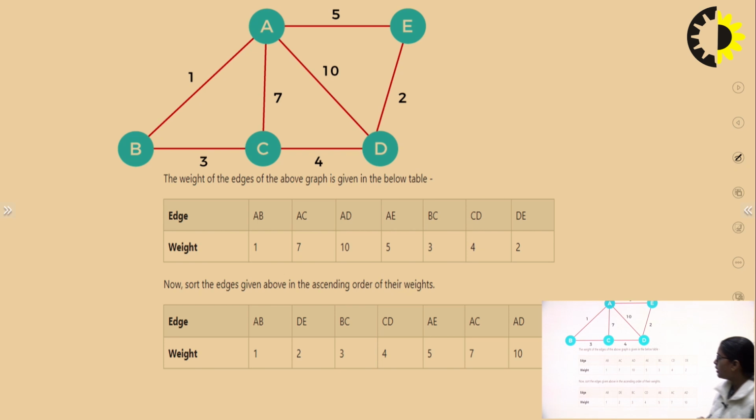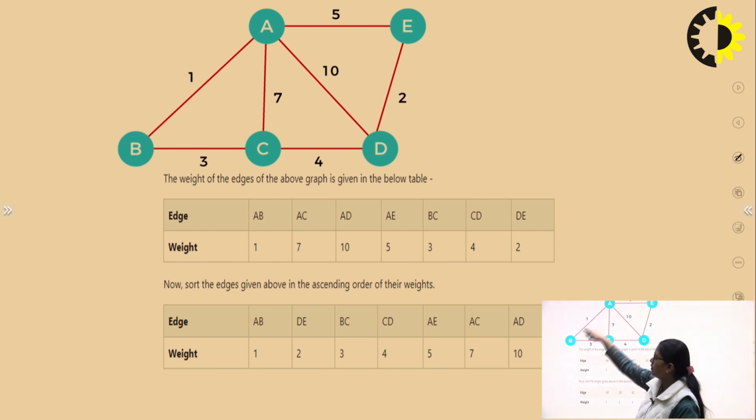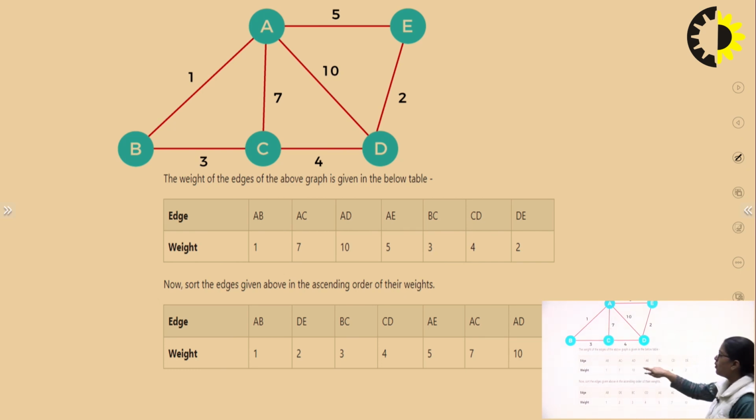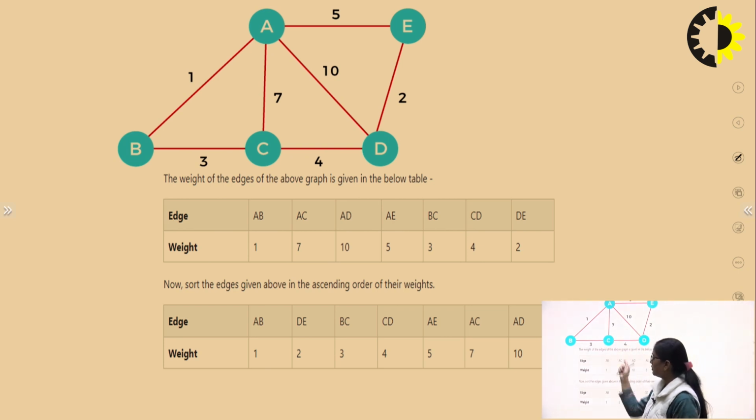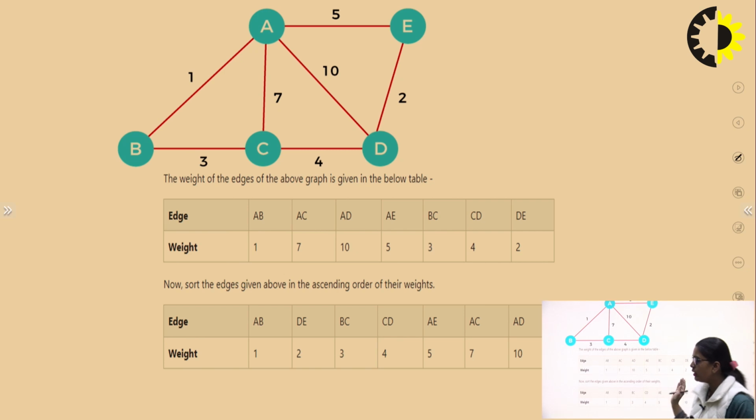Now, firstly we draw the given question, and as step number 1, write down all the edges with their weights in this table. Now what is step number 1?